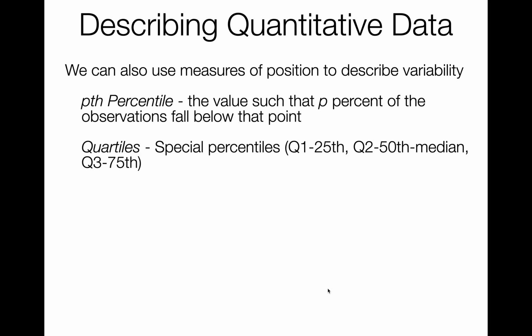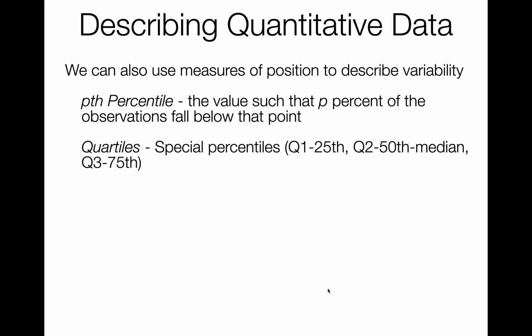A quartile is a special percentile. So we talk about percentiles and quartiles. Quartiles are just special percentiles. There are 3 quartiles. We call them Q1, Q2, and Q3. Q1 is the 25th percentile.